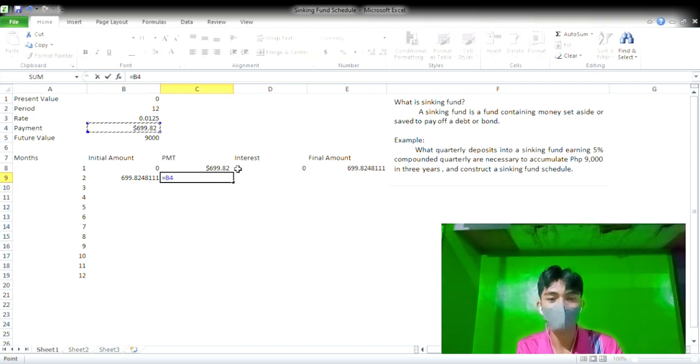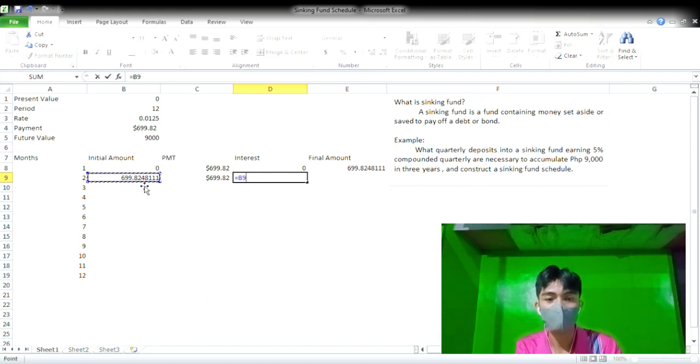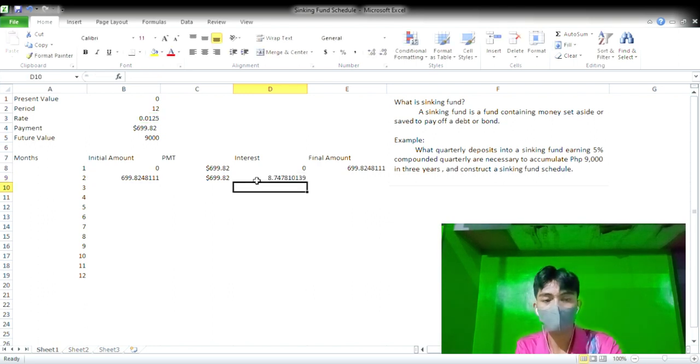In order to copy this cell, instead of putting all the values manually, we can put a dollar sign before and after the letter B. Now our interest is the initial amount times the rate, and again let us put a dollar sign before and after the letter B, and that is our interest.